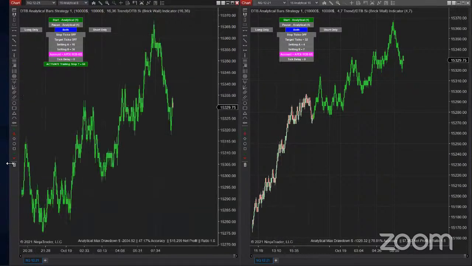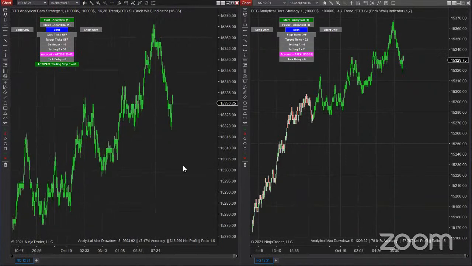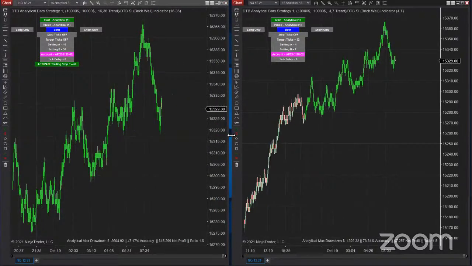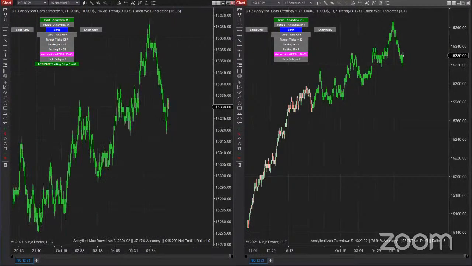Okay, so that should be good enough to see. Being a bit pedantic, but there we go. Okay, so I'll activate the chart traders as well.